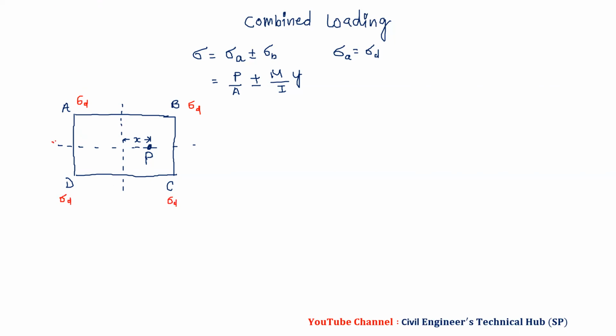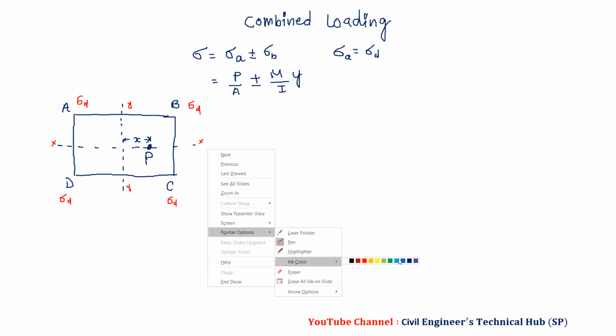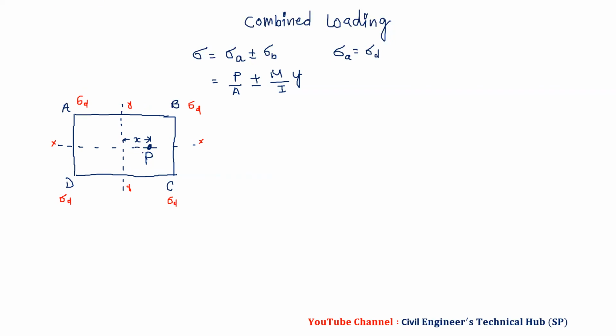Now say this is x and this is y. We have bending about the y axis because the moment is about the y axis. Then where do we have plus sigma By and where do we have minus? We have eccentricity on the B and C side, and therefore on this side we have tensile, so this will be minus sigma By, and here we have plus.